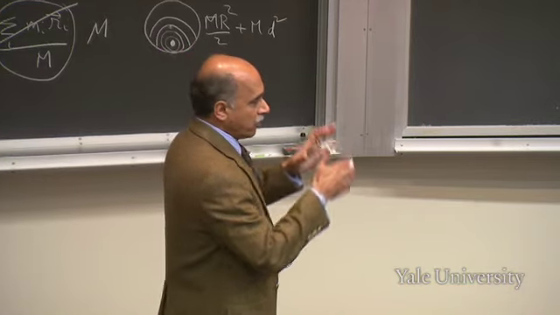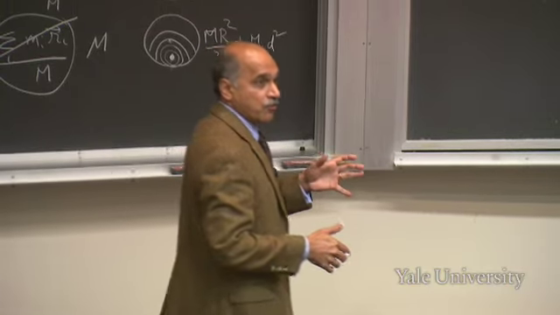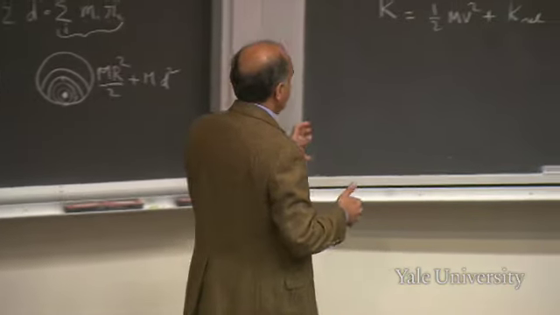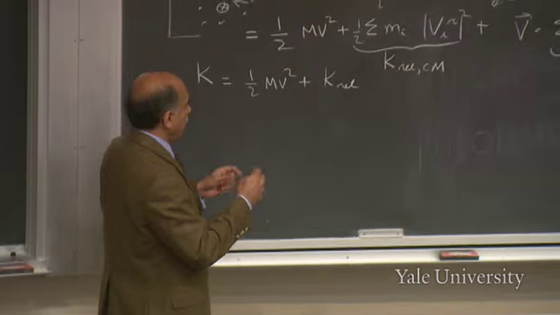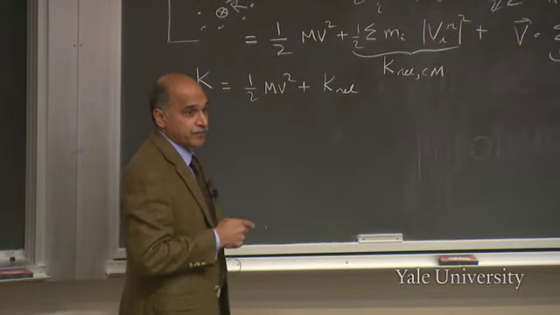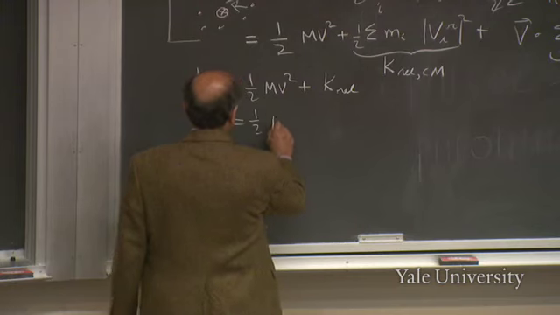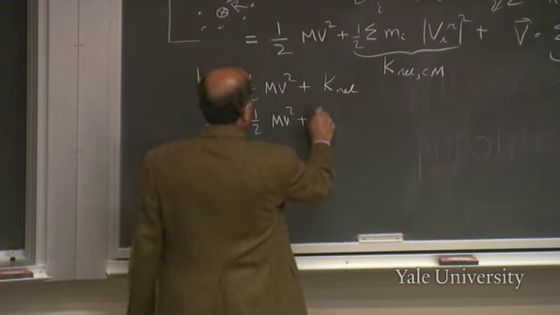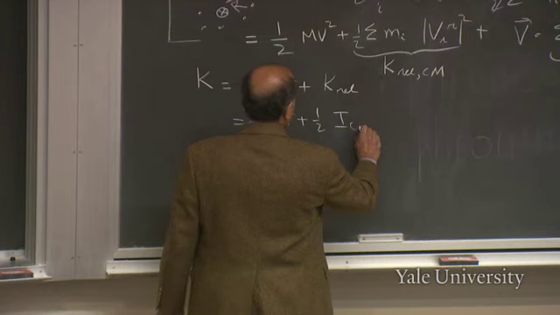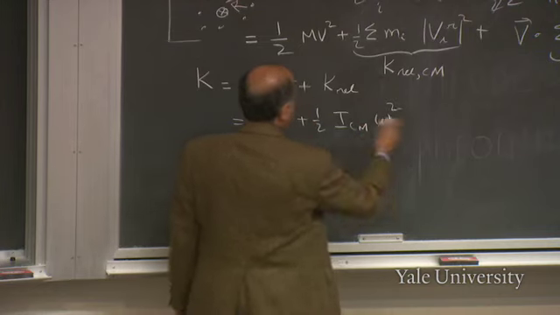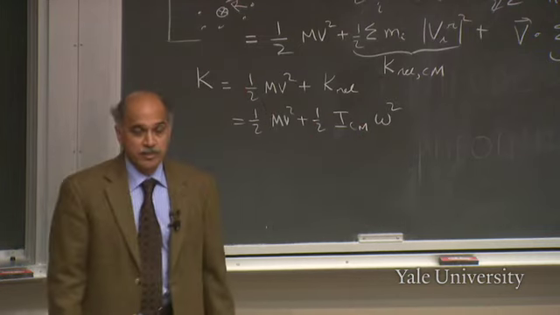But that's not allowed, because according to you, the center of mass is not moving. Therefore, any rotation that takes place must be around an axis passing through the center of mass. In that case, we know what the kinetic energy is. It's 1/2 mv squared plus 1/2 I center of mass omega squared, where omega is whatever the angular velocity is at that moment.